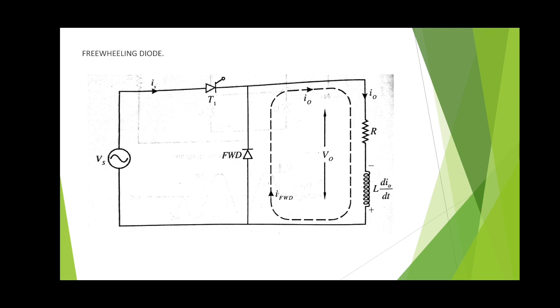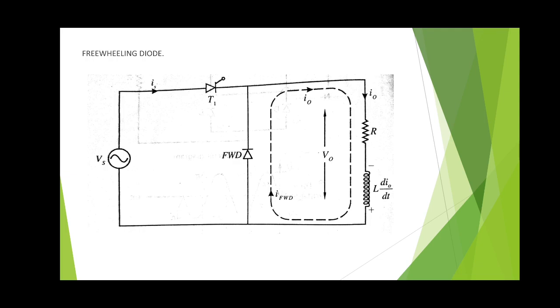So the voltage across the inductor will be equal to L di naught by dt. The induced voltage VL forward biases the freewheeling diode and it starts conducting. The freewheeling current flows due to the energy stored in the load inductance.